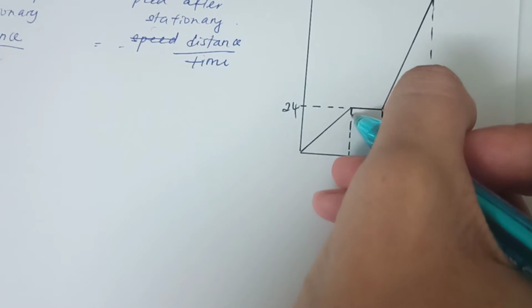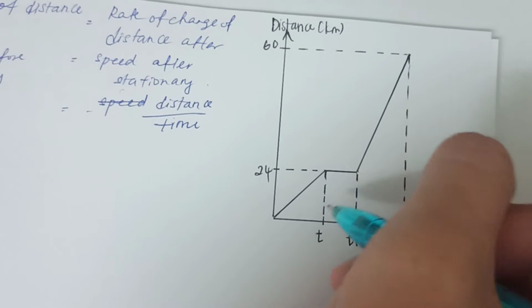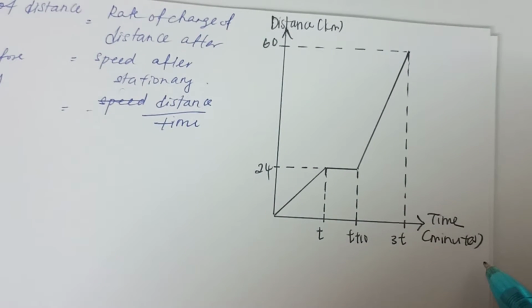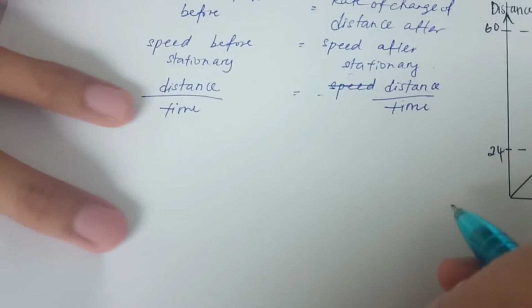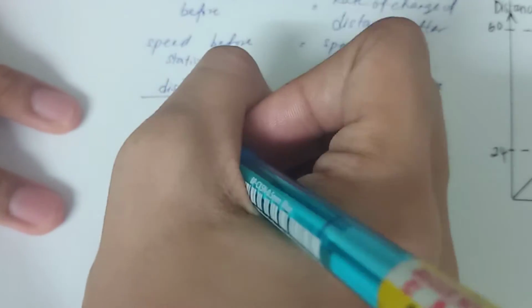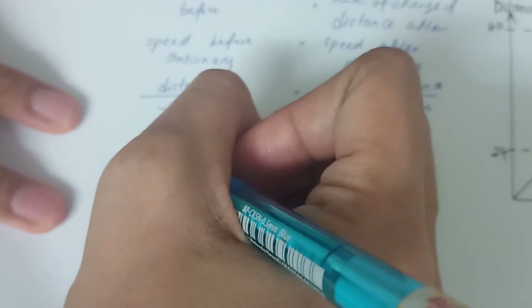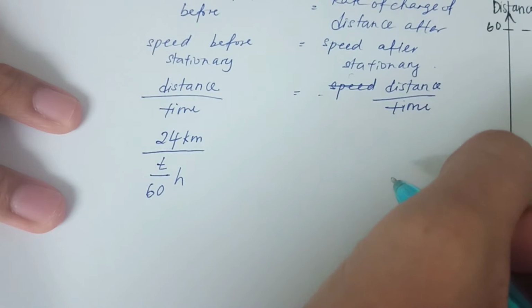The distance here is 24 kilometers and the time is t minutes. t minutes, so we have to convert it to hours. So for speed before, it's 24 kilometers and the time is t over 60 hours.